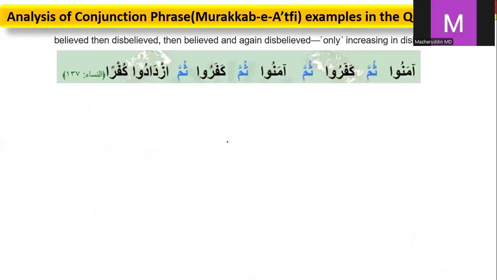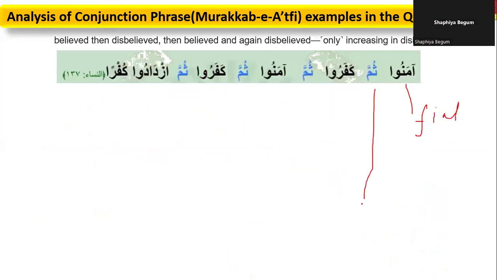So the same way you can do this one as well. Here it's a combination of fi'l, yes. So that one is fi'l. Then this one is atf.